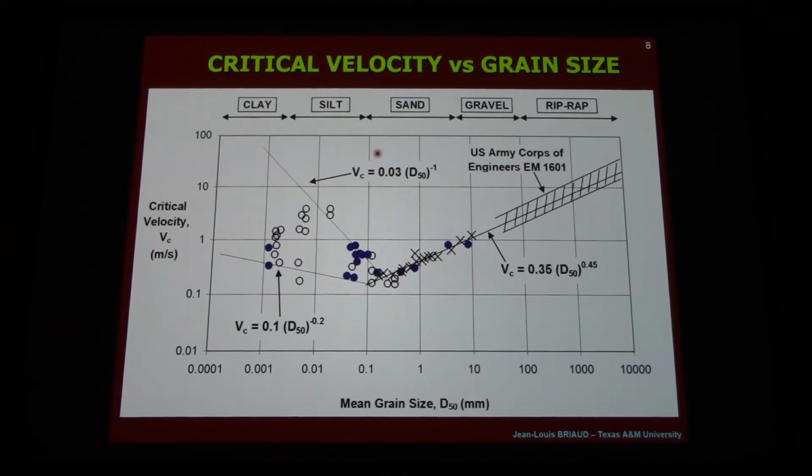One of the things that's very important, we talked about soil classification: clay, silt, sand, gravel, riprap. Here, instead of the percent finer, I'm plotting the critical velocity, in other words, the velocity at which the erosion process starts. You can see that for the sand, gravel, and riprap, it increases linearly because the larger the particle, the heavier it is.